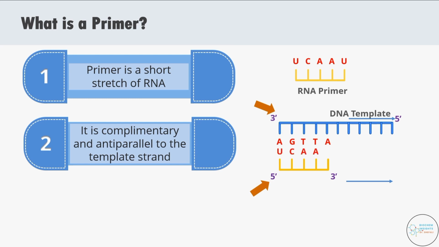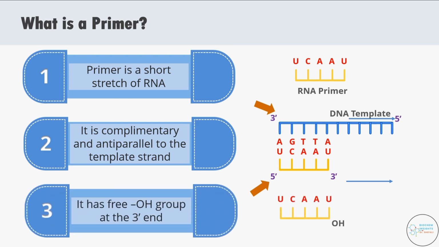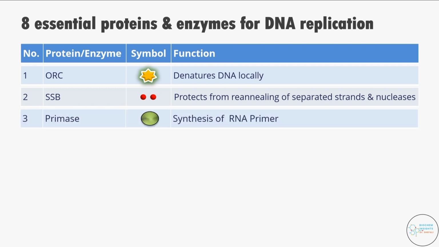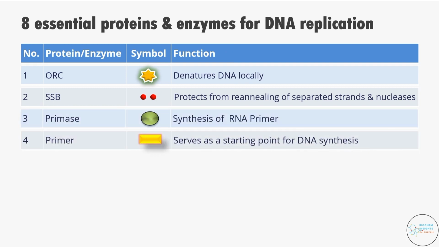Similarly, guanine will have cytosine and so on. You must also know that the RNA primer has a free OH group at the 3' end. I have already told you in the previous slide that DNA polymerase adds nucleotides to this 3' OH end of the RNA primer. So adding primase and primer to the list now. Primase synthesizes the RNA primer and the primer serves as a starting point for DNA synthesis.